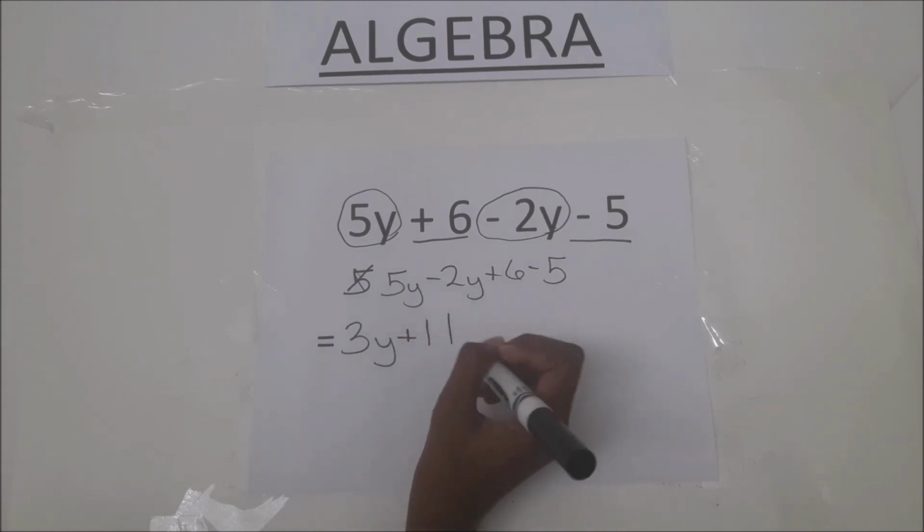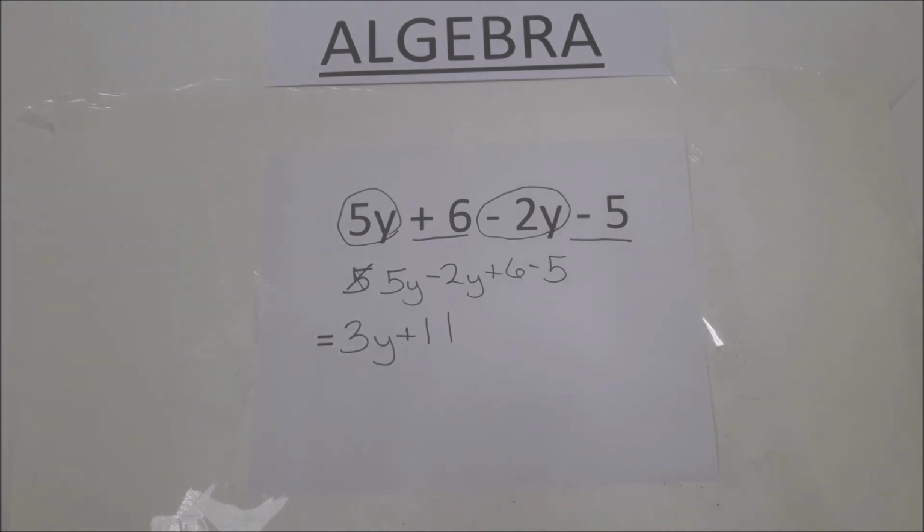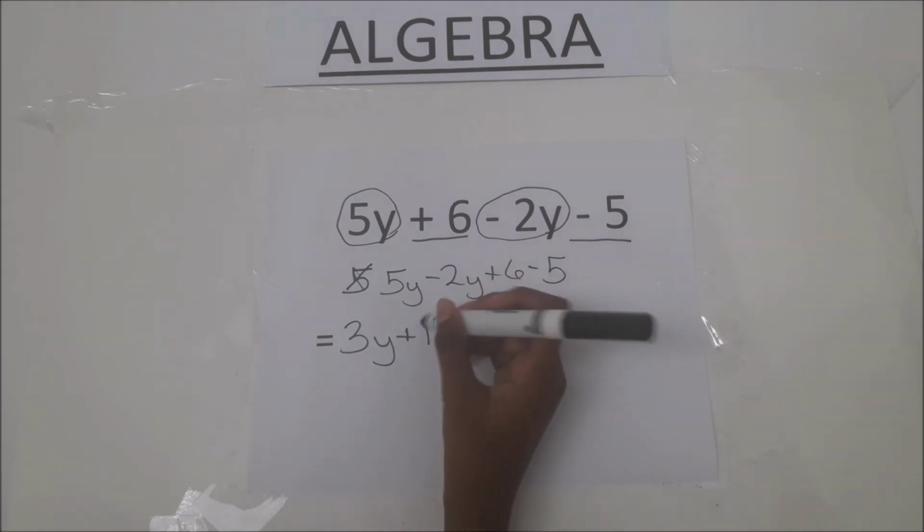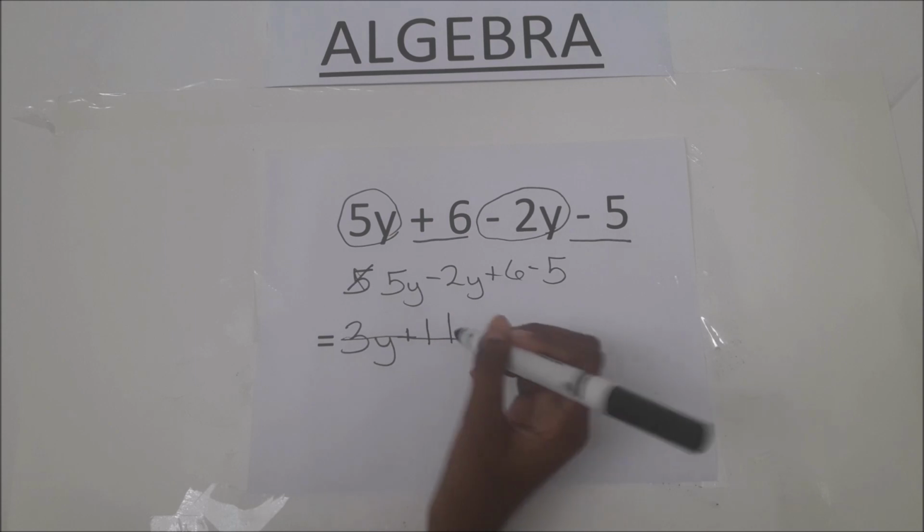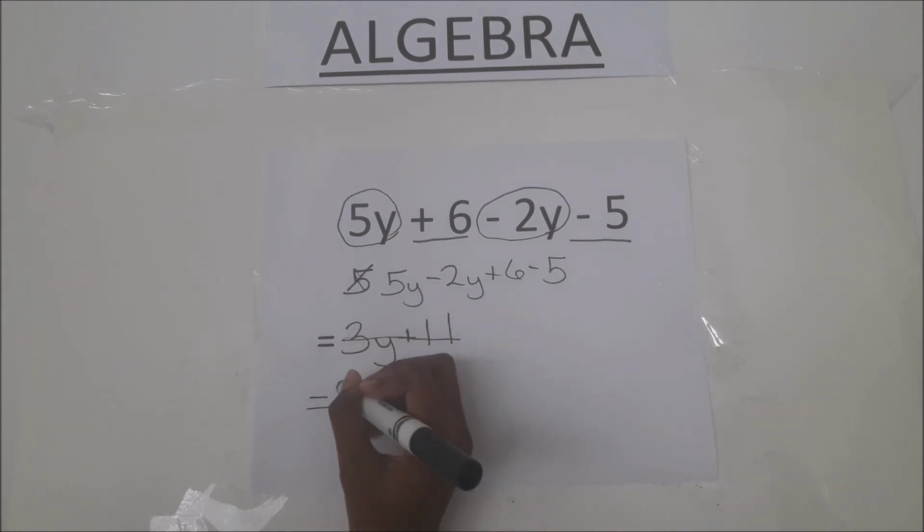Plus 11. Wrong answer. Okay, scratch it off, right? Try it again. Scratch out the whole thing, yeah. Put equal. Work it again.